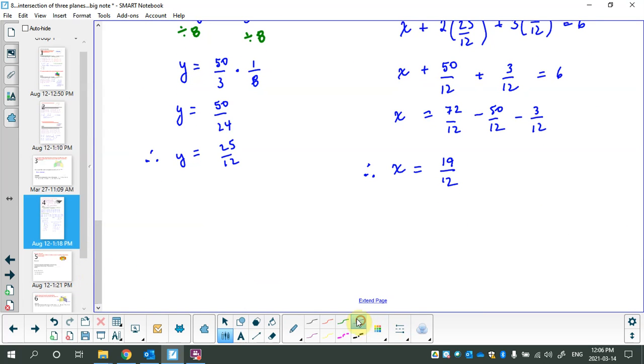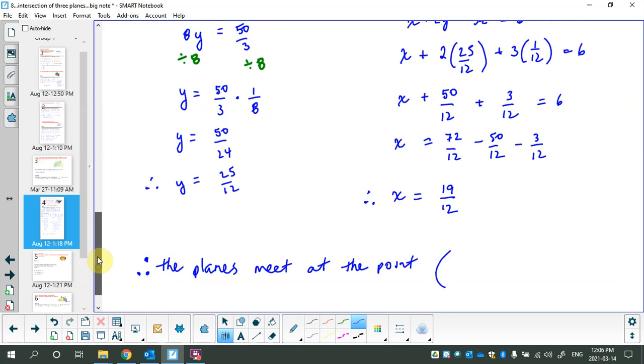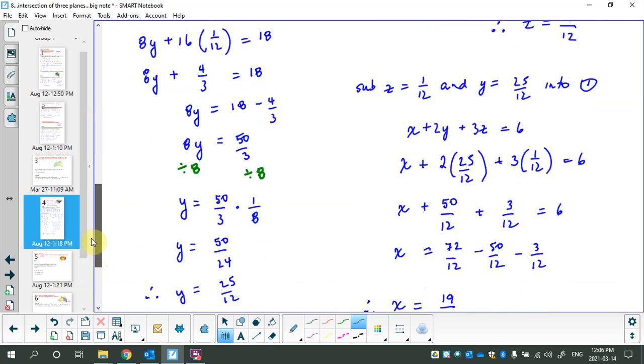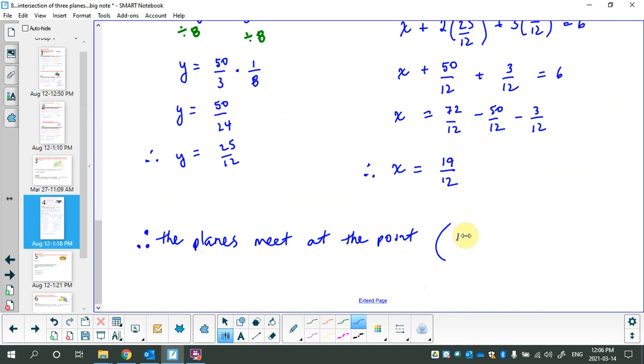So that means I can answer this with an overall therefore statement: therefore the planes meet at the point 19 over 12, 25 over 12, and 1 over 12. And no, you can't mess with this. That is where they meet.